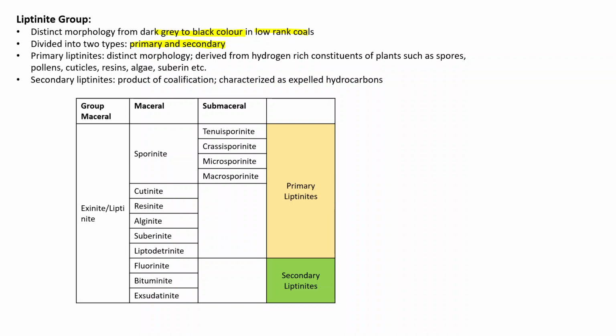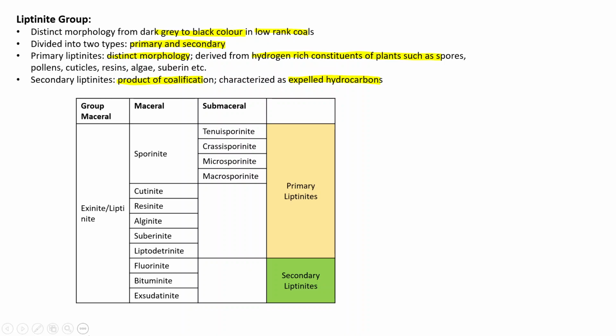The primary liptinites have distinct morphology and are derived from hydrogen-rich constituents of plants. Now, sporinite, cutinite, resinite, alginite, suberinite, and leptodetrinite are all primary liptinites, while fluorinite, bituminite, and exudatinite are all secondary liptinites. They are products of coalification and are characterized as expelled hydrocarbons, as I have previously mentioned.